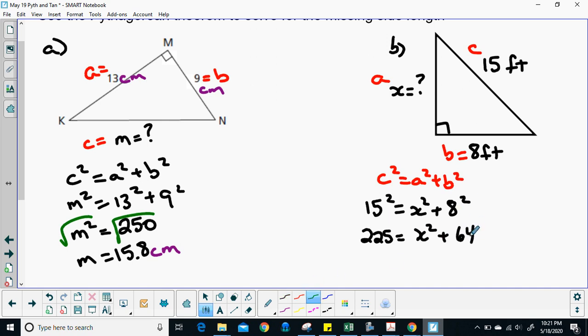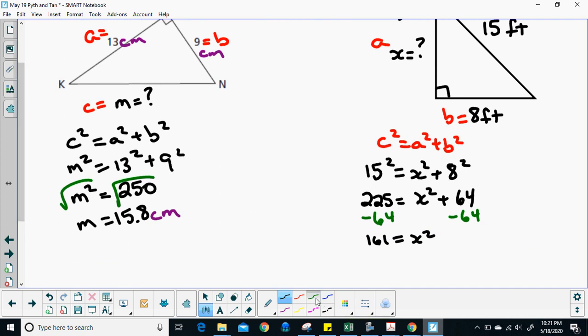Well, we know how to solve that. Let's just minus 64 from both sides. So 225 minus 64 gives me 161 equals X squared. And then we know to get rid of a square, we just have to square root both sides. And my final answer is whatever the square root of 161 is.